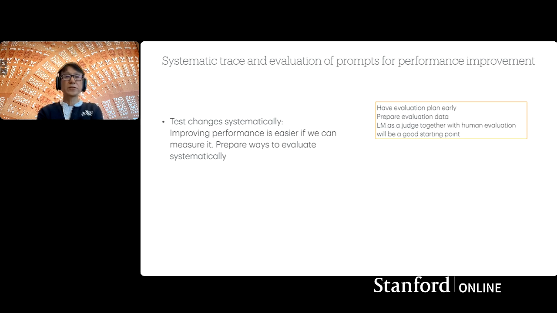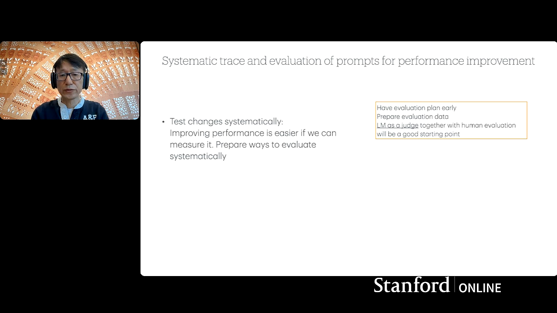And that also relates to having automated evaluation from the early stage of your development, which will definitely help you. In other words, you need to prepare a question and answer pair, a ground truth answer pair, so that you could compare that against the generated output. You could use a human to evaluate that, but that's usually costly and time consuming.